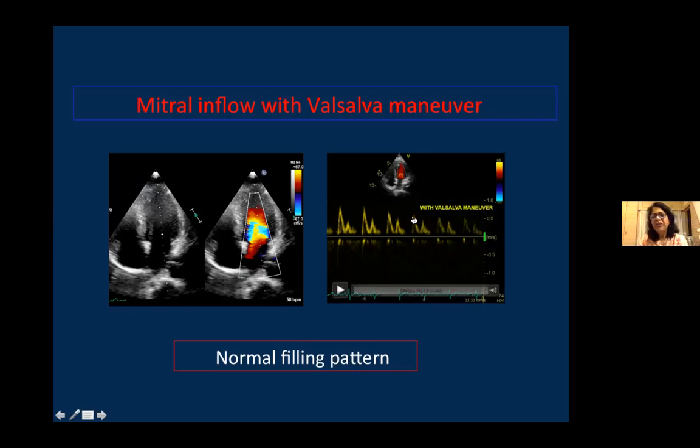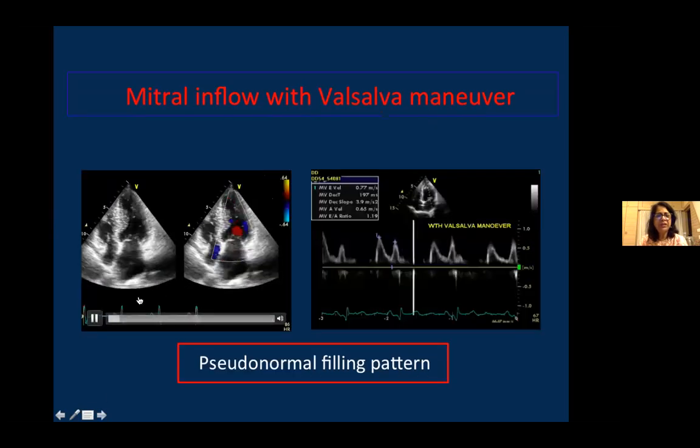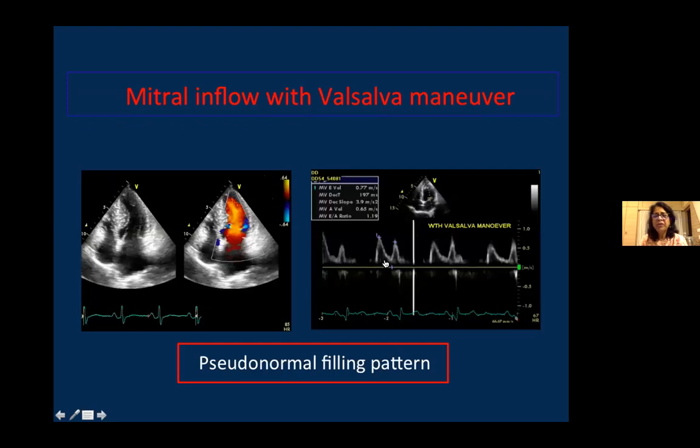See, the E wave velocity is reduced, so also the A wave velocity. On the contrary, look at this patient of hypertrophic cardiomyopathy. In this patient also we got the E wave more than the A wave. However, when this patient does the Valsalva maneuver, the E wave becomes smaller than the A wave.